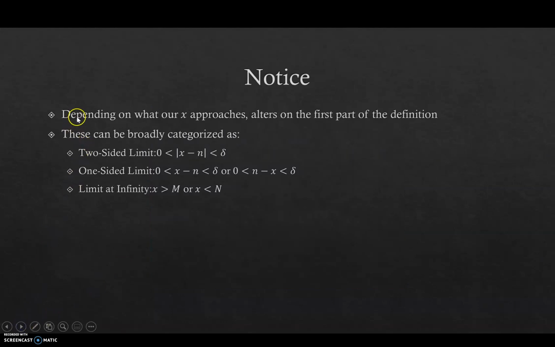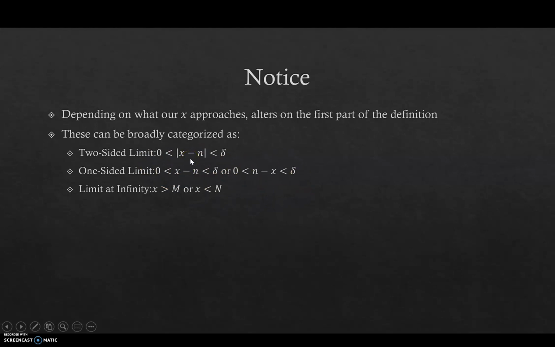Now, notice, depending on what our x approaches, alters just the first part of the definition. I'm going to categorize these kind of broadly, and that's why I separated them into videos. The two-sided limit starts with something like this, or one of those alternative versions that I've given earlier, video 2. One-sided limits will either, depending on whether you're left or right, depend on which of these definitions you use.